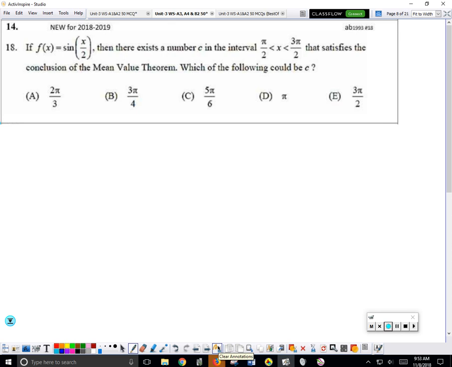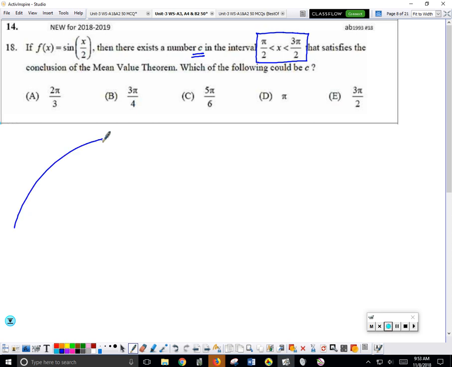Okay, 14 says you have a function, and there exists a number c in this interval. Because c is in this interval, that tells me c is an x value. So you've got this function, looks like whatever. Draw my favorite picture.